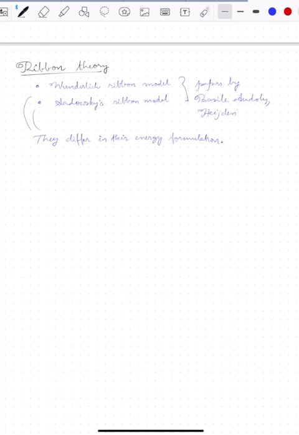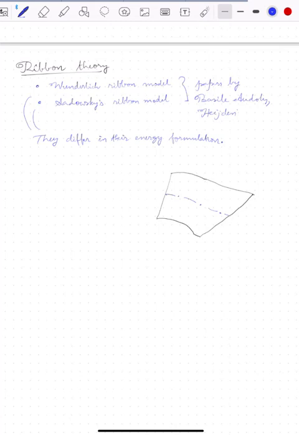Okay. So coming back to the geometric description or the kinematic description. Say we have a ribbon like this, a segment of the ribbon. And of course, we have a center line. Consider some point here.